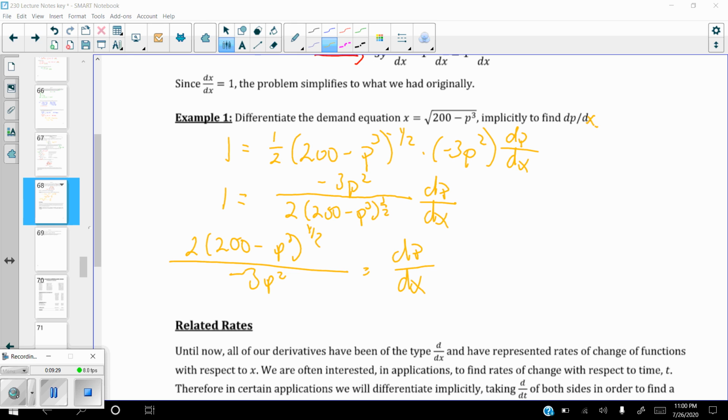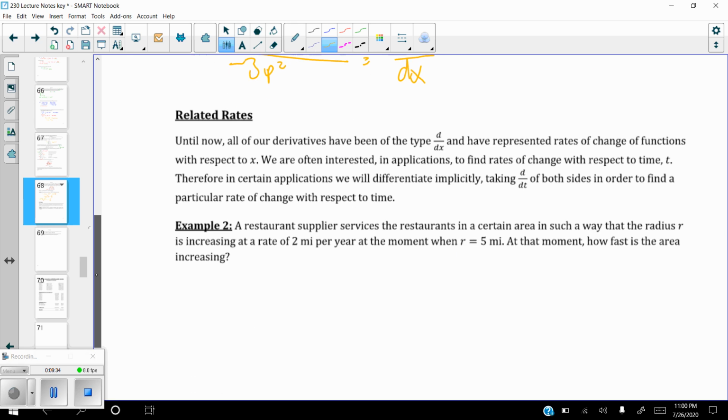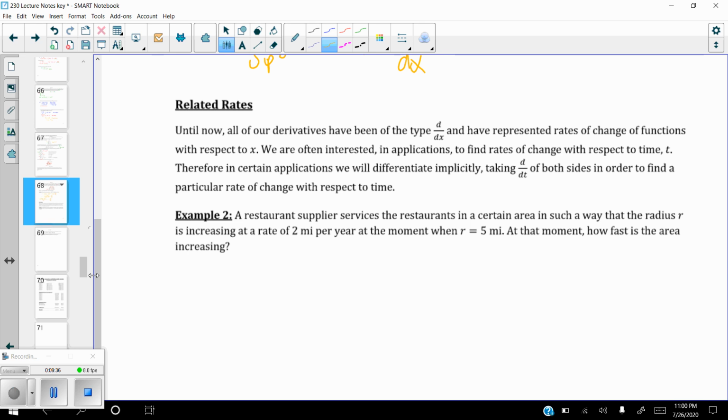Okay, so now let's talk about related rates and how everything that we just did with implicit derivatives goes into related rates. Until now, all of our derivatives have been of the type d something over dx, and have represented rates of change of functions with respect to x.